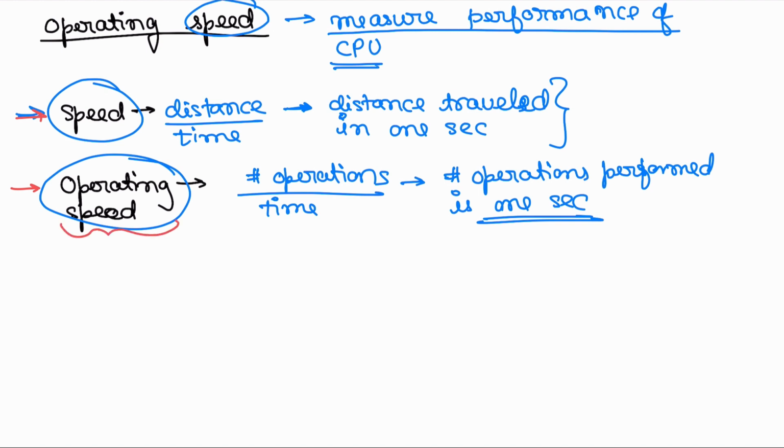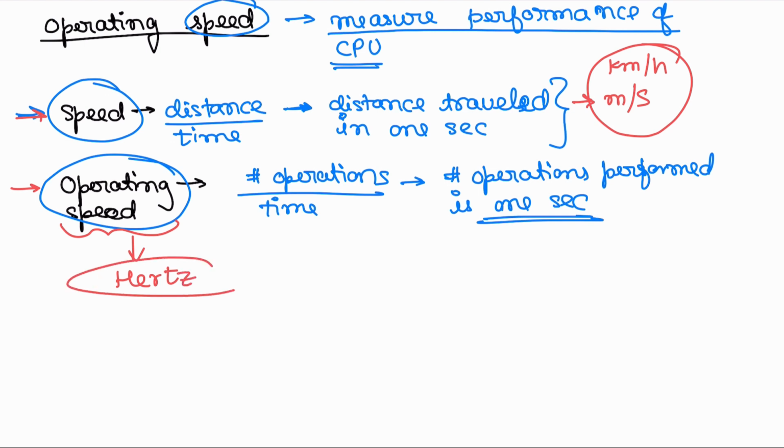Now we know that speed has a unit, right? Meter per second or kilometer per hour. Similarly, operating speed also has one unit. This unit is hertz. And 1 hertz means 1 operation per second.